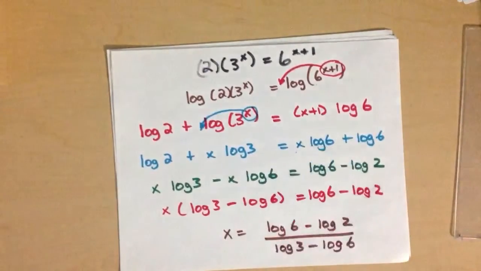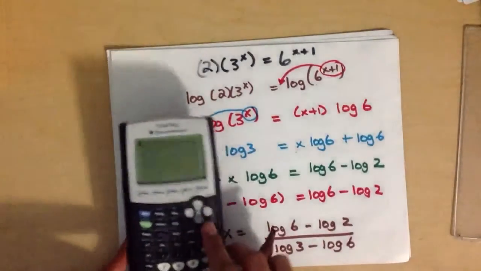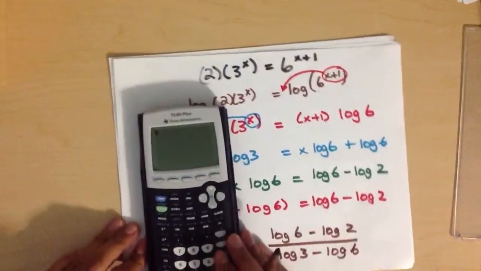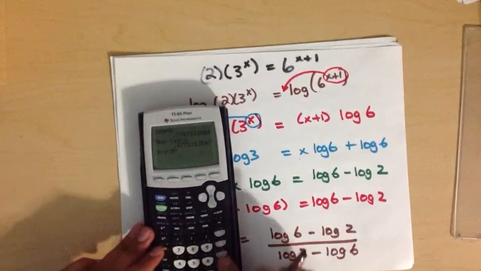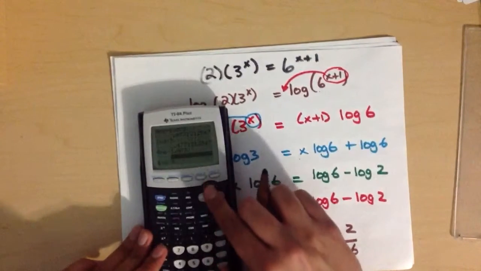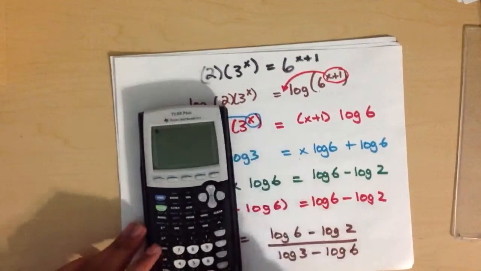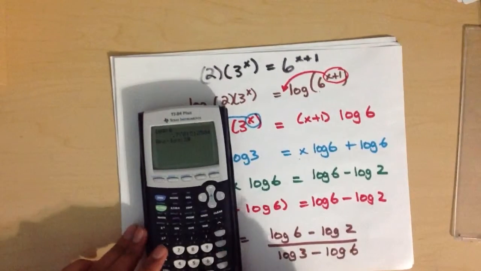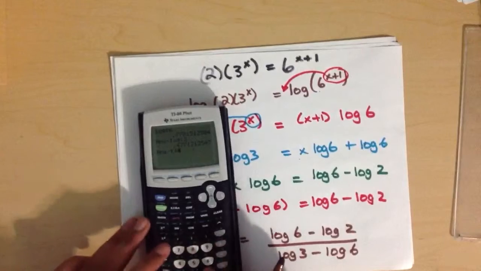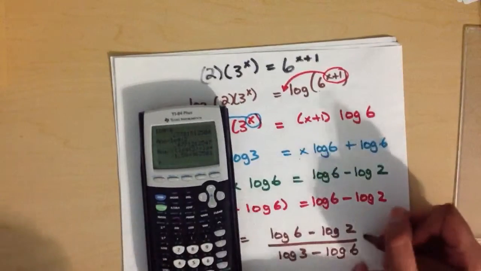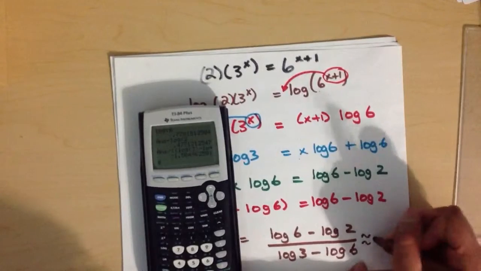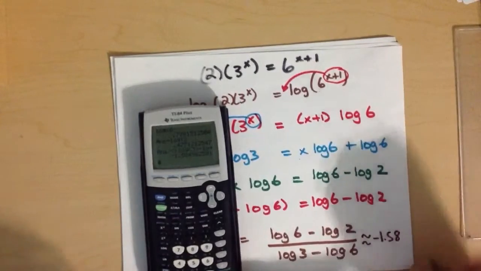And now if you punch all that big equation into your calculator, got my TI-84 here, so it's going to be log of 6 minus the log of 2, and I'm going to do log of 3 minus log of 6, and I divide those two, and I get a value that's close to negative 1.58.